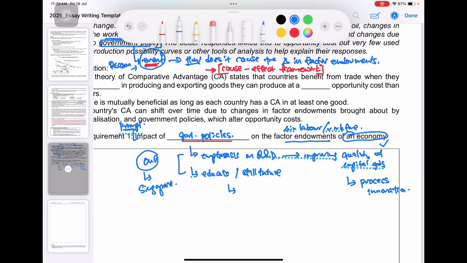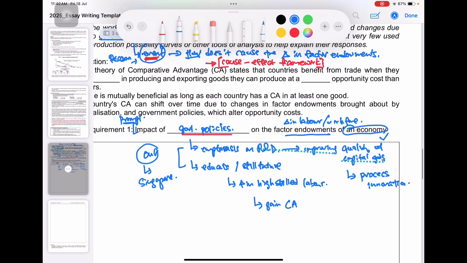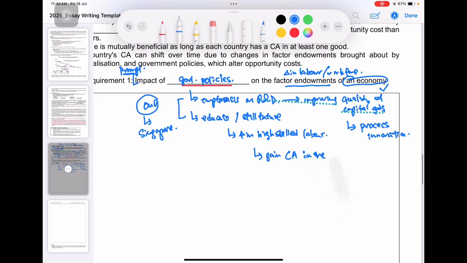It did mention the idea of an increase in high skilled labor, and therefore because of that they are able to gain the CA in the production of high skilled labor intensive goods.